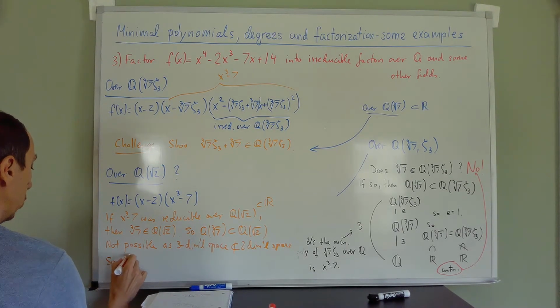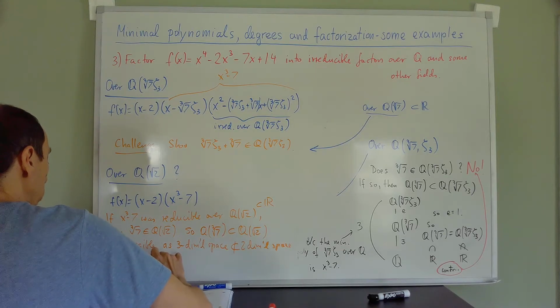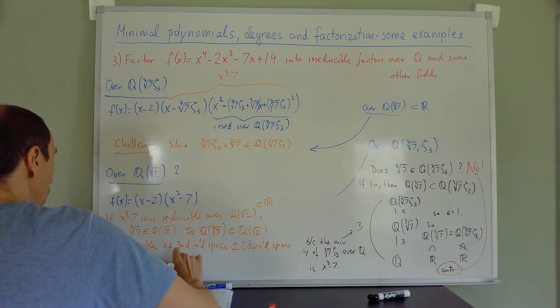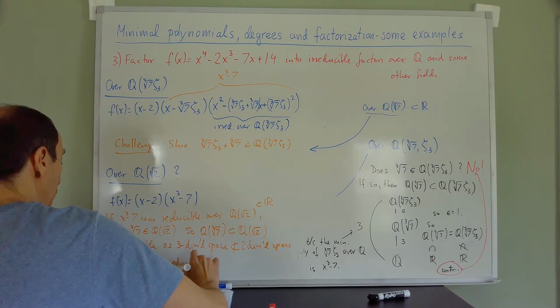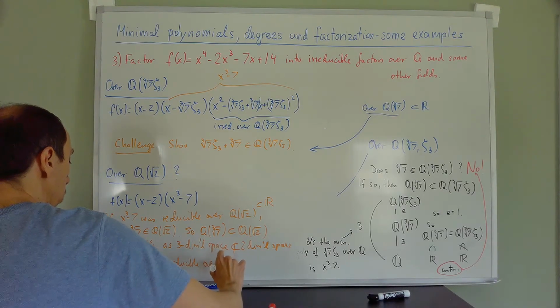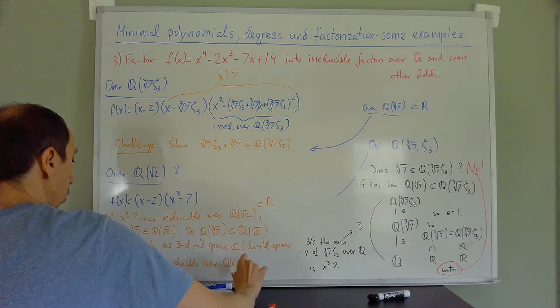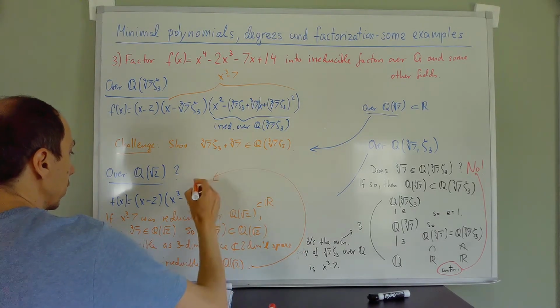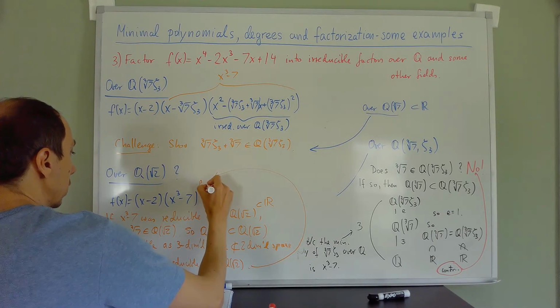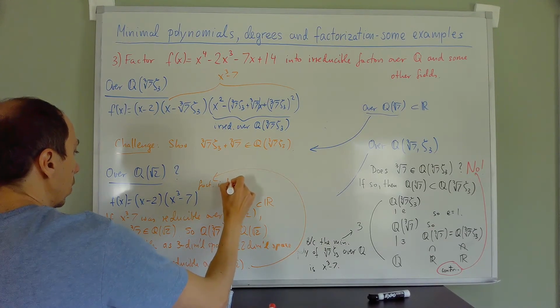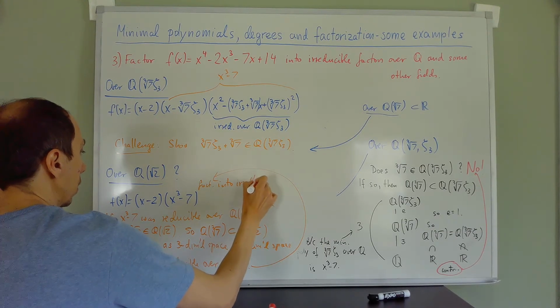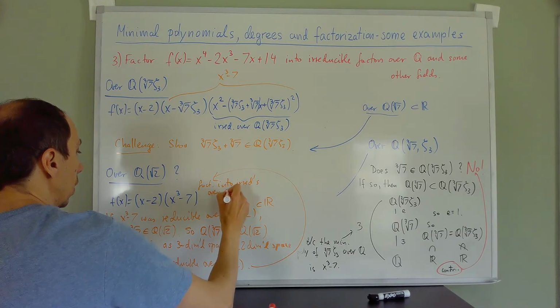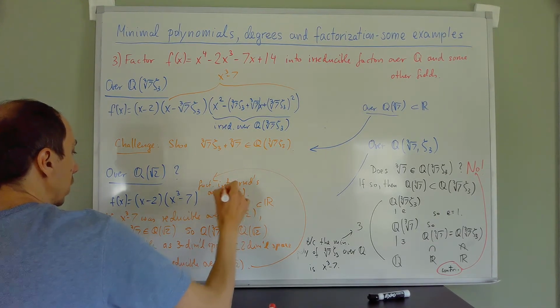So x cubed minus 7 is irreducible over Q adjoin radical 2. So then, as a conclusion, I get that this is the factorization into irreducibles over Q adjoin radical 2.